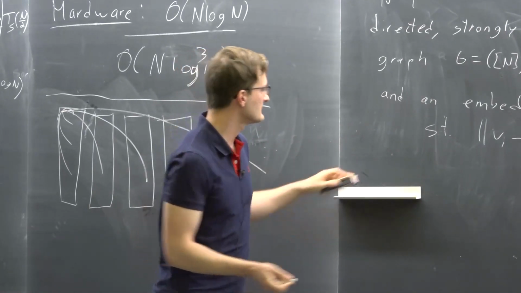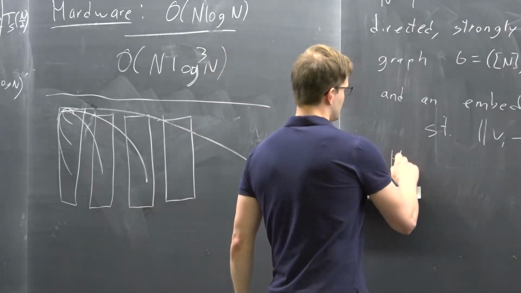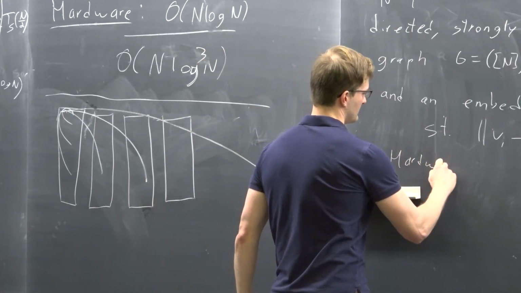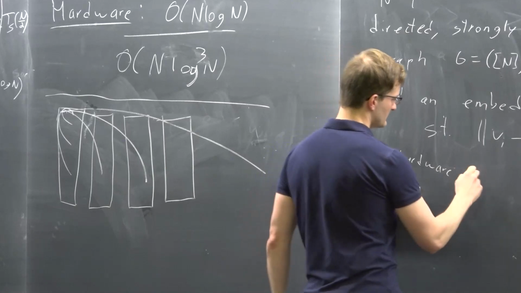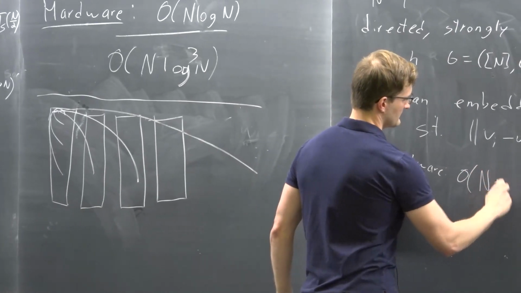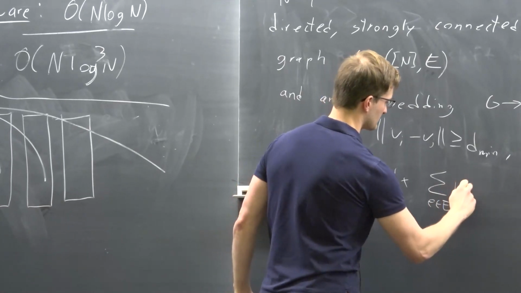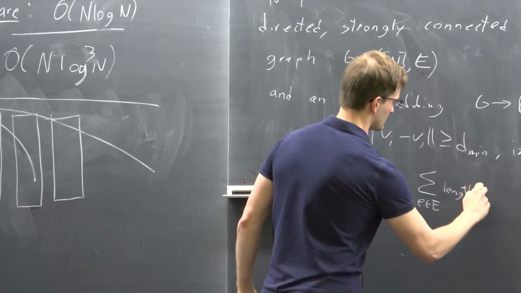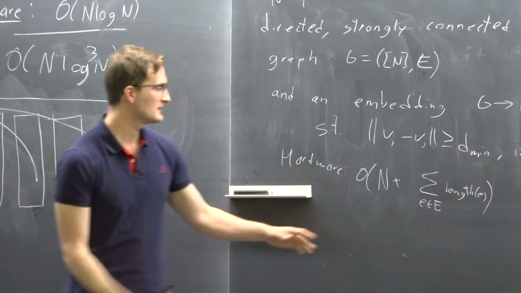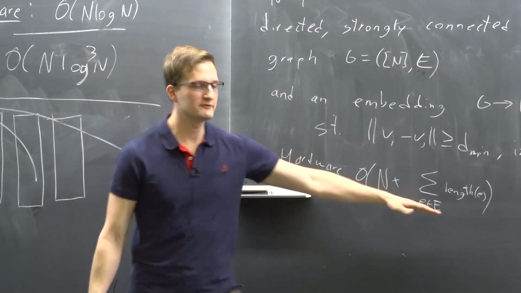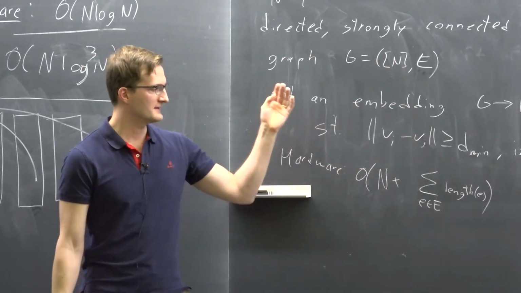And I'll sort of say the hardware of this machine is going to be something like this. So I take all of the edges, and they have some length, and I add up all those lengths.